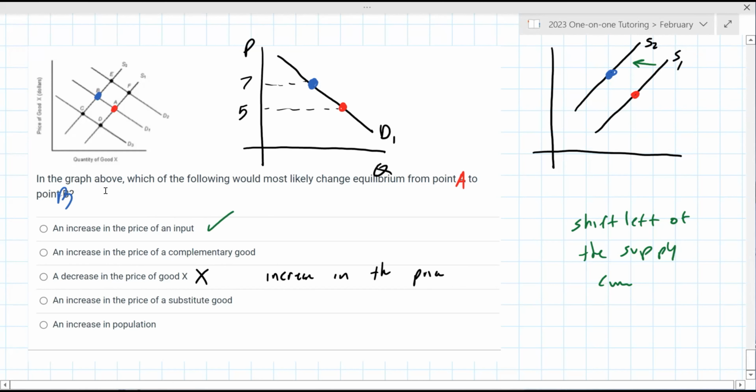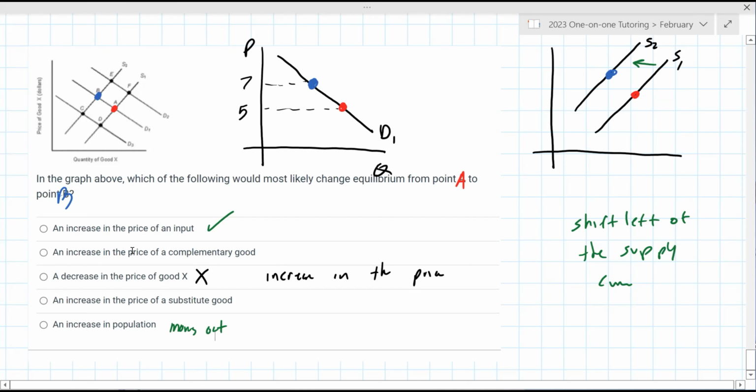The increase in population generally moves things out. It's generally a good thing. An increase in the price of a substitute good. So if you could make pencils out of graphite, but that went up, that's no good for you either. You wouldn't do that, I guess.